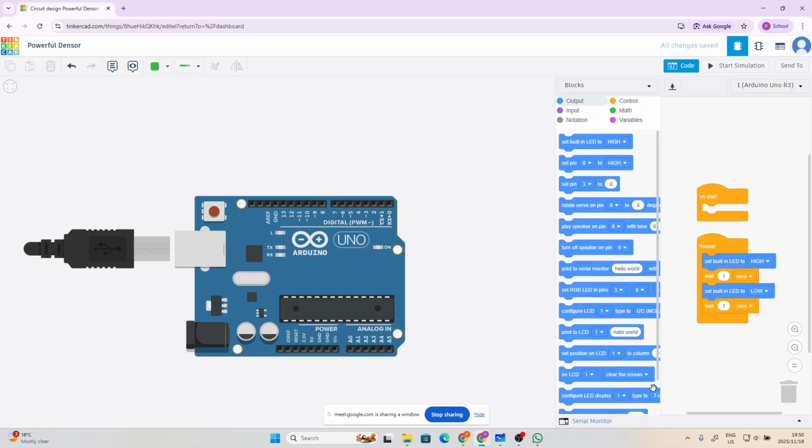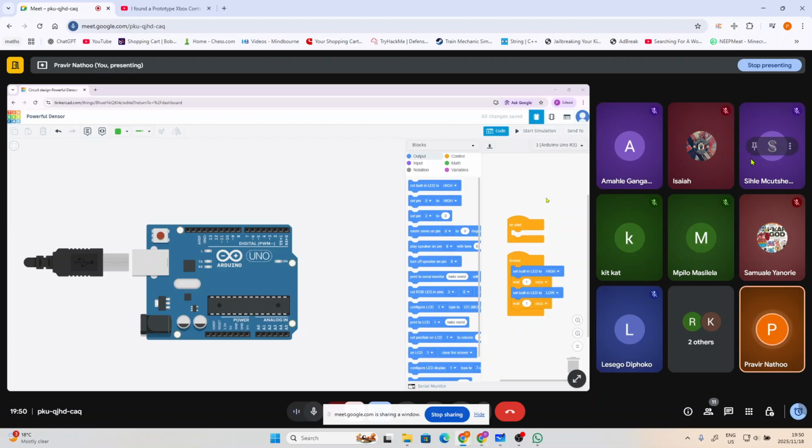Right, starting off with block-based coding, we have blocks, so it's quite simple. You don't have to remember any syntax. But the key point, and even I started on block-based coding, is to get the basics of coding down. The basics are your inputs, your outputs, and your processes.